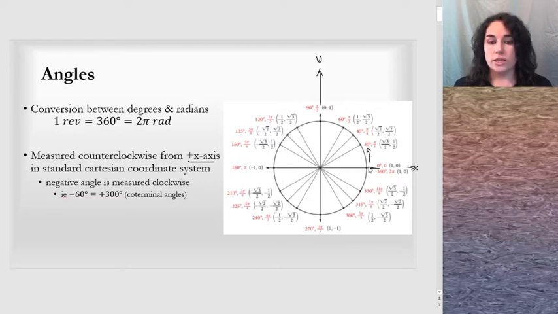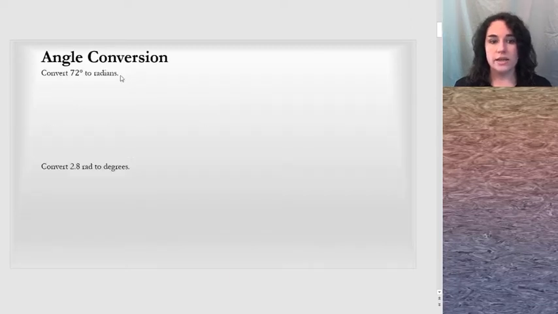If we measure anything in the clockwise direction, like this, we would say that it would be a negative angle. So for instance, negative 60 degrees, if I go negative 60 degrees, I'm going to note that that is a positive 300 degrees, okay?